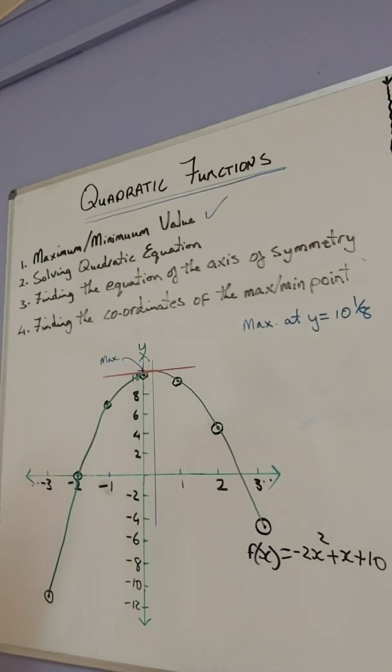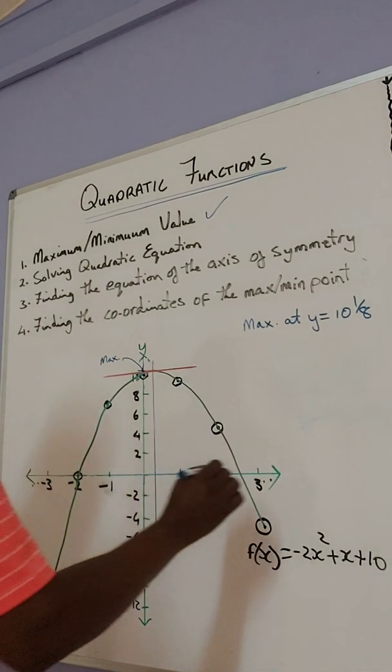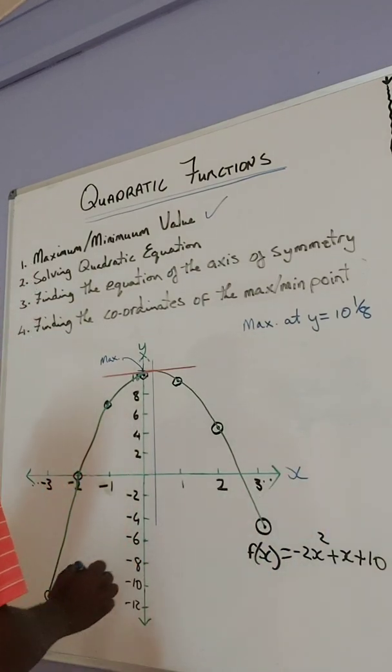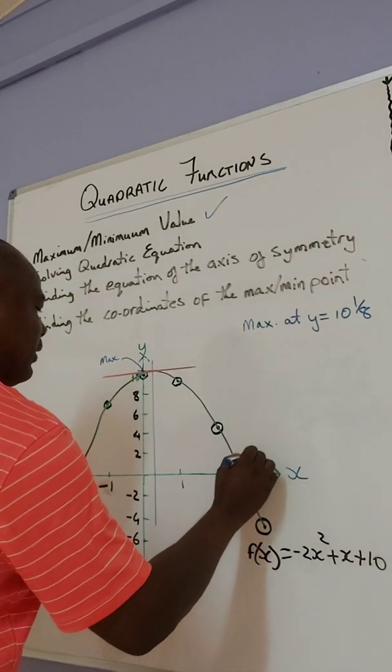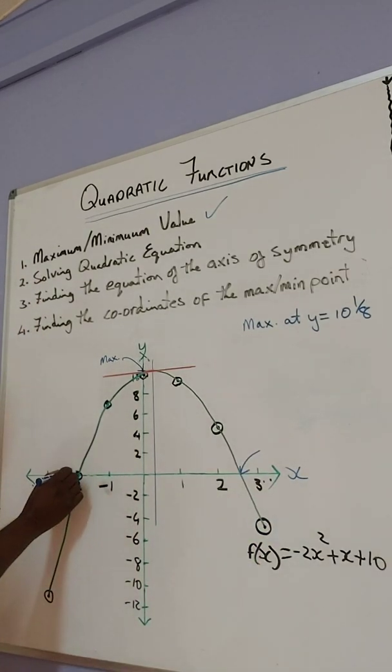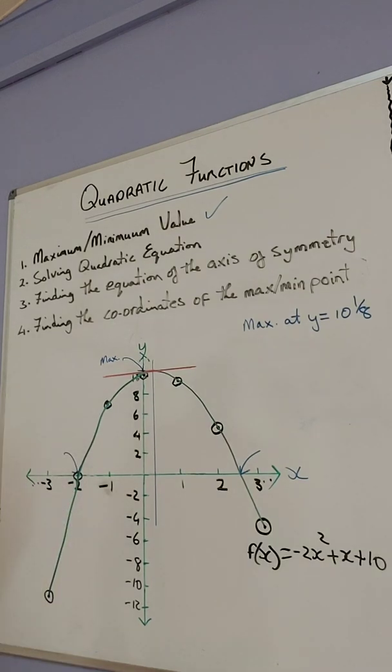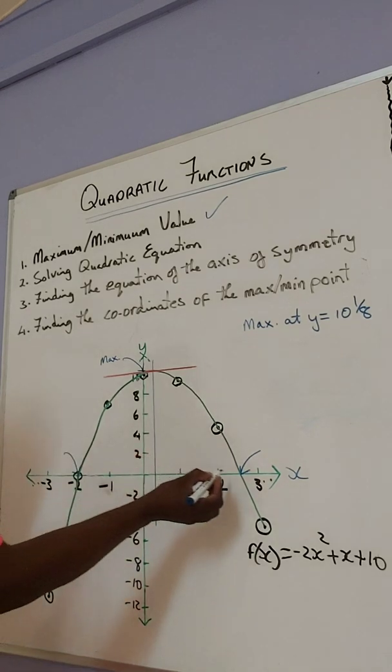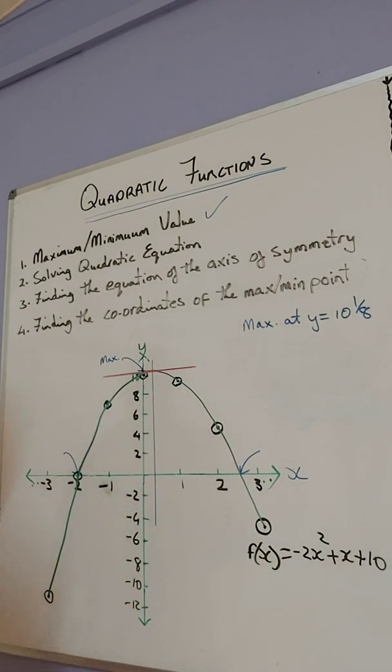But to use your graph to solve this equation, you look at where the function intersects with the x-axis. Here's your x-axis, and they intersect at this point and at this point. So the solution to the equation minus 2x squared plus x plus 10 equals 0 will be the x values obtained here and here.